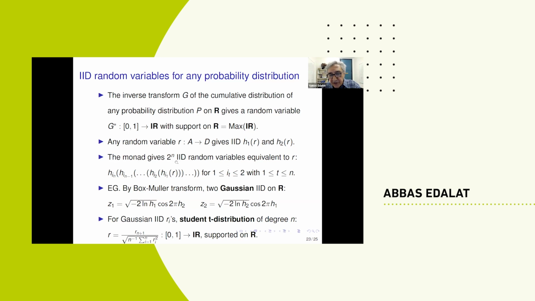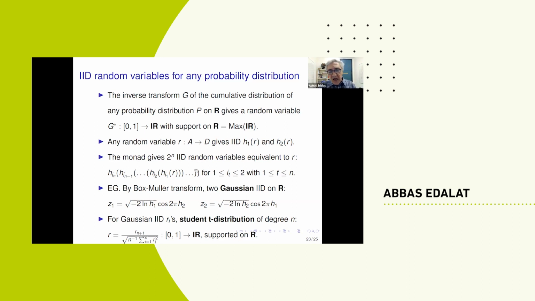And if we iterate this n times, we get 2 to the n independent identically distributed random variables, all equivalent to a given random variable R. And therefore, we can do sampling in a very easy way.